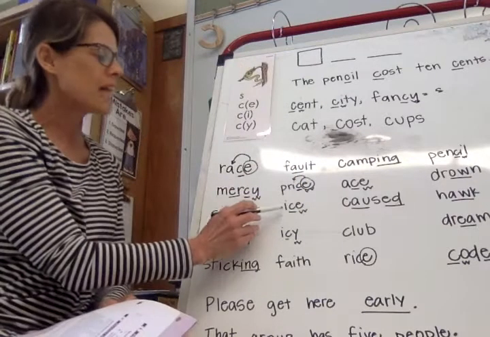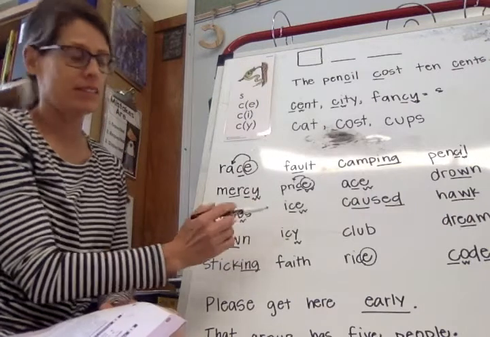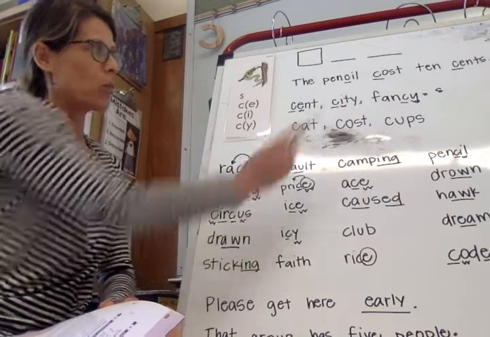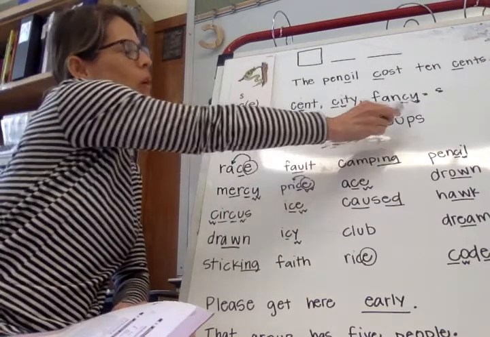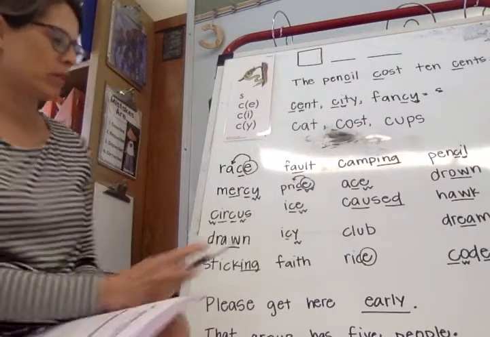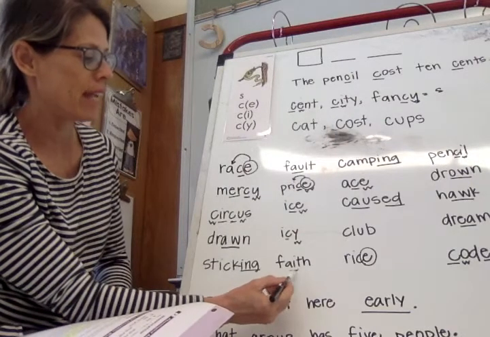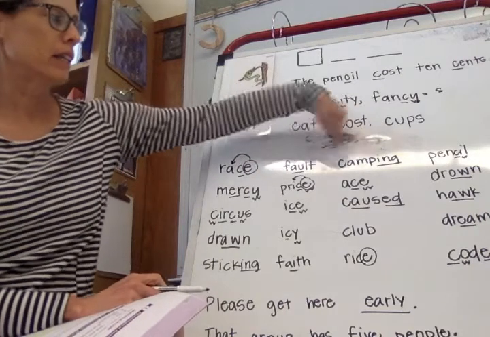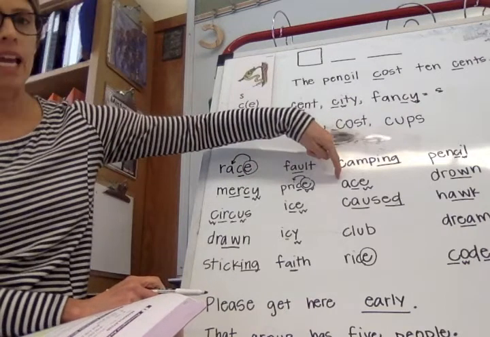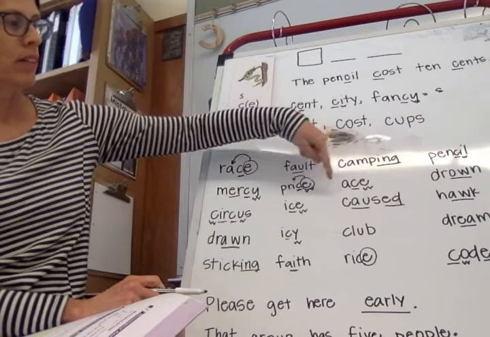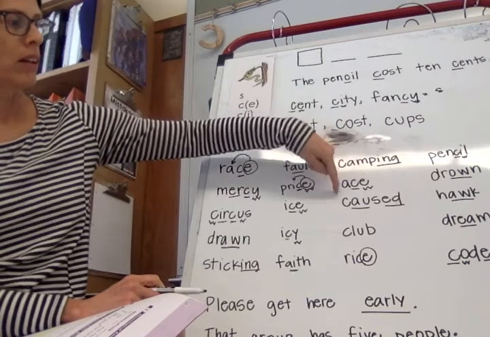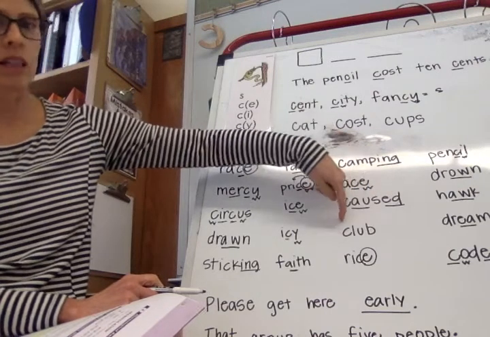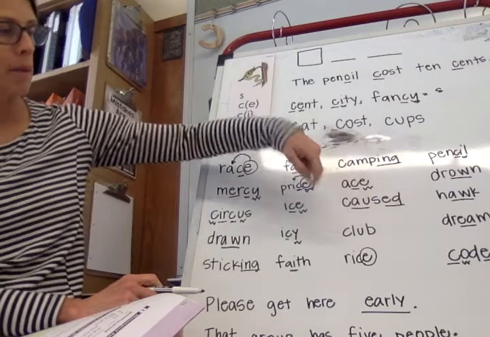Price. Ice. I see. There's the E and the Y. The E and the Y making it this sound. Faith. Camping. There's that C with an E. Caused. Club.